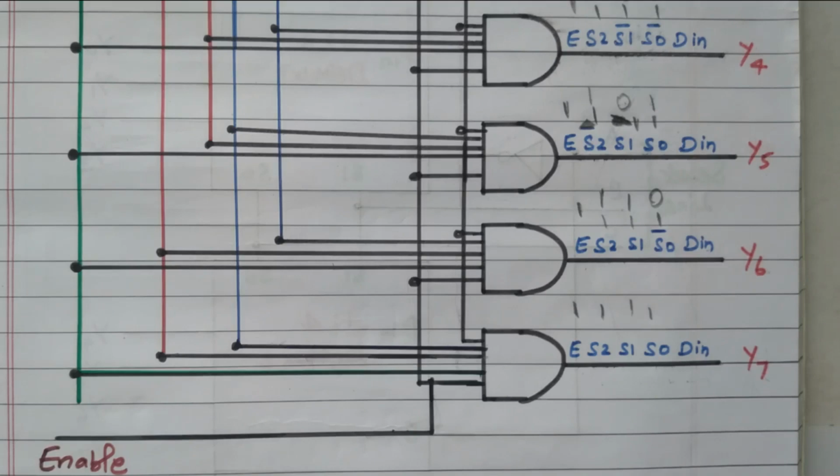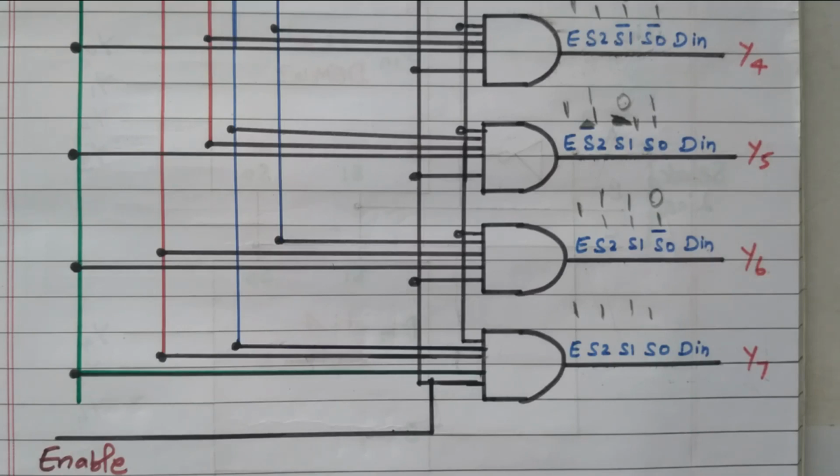The selection lines are connected in such a way that 0 0 0 means S2 bar, S1 bar and S0 bar are connected, so that 0 0 0 becomes 1 1 1, so that the output of the AND gate is high, so it will produce the DN in the first position, right? So according to 0 0 1, the complement is connected, so that automatically the output will become high.